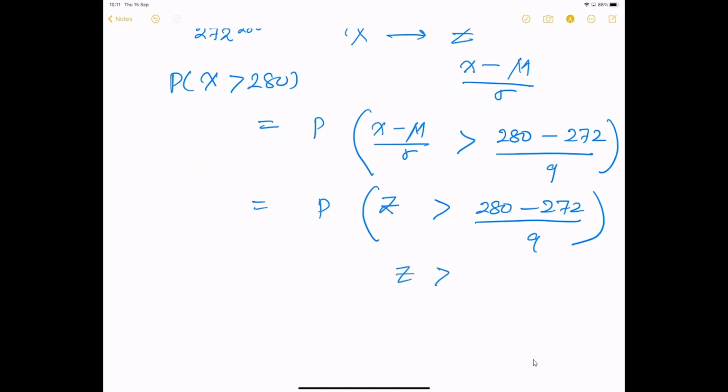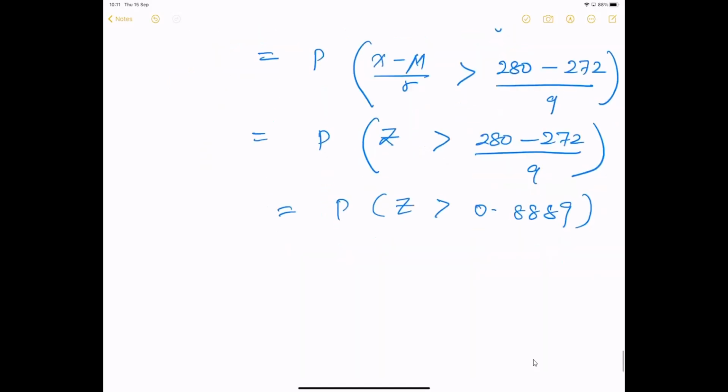This one should be 0.8889. As we discussed earlier, in the standard normal table we have left tail areas, left tail probability.